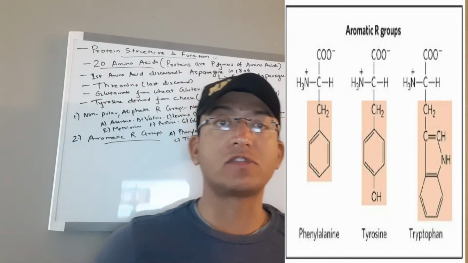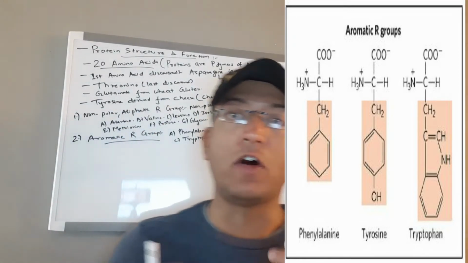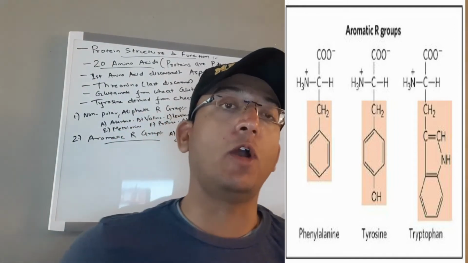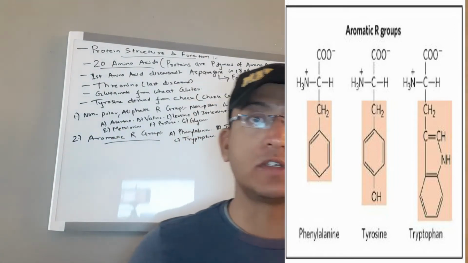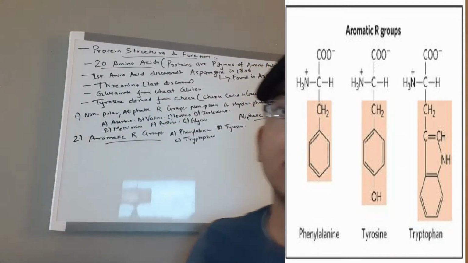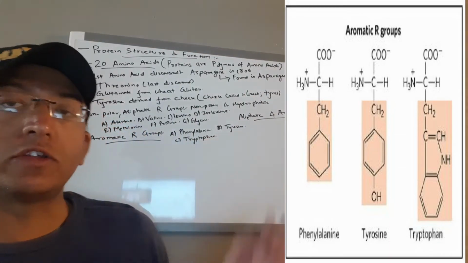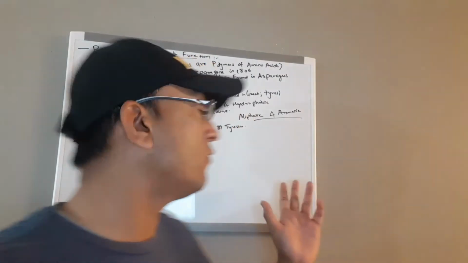The hydroxyl group of tyrosine can form hydrogen bonds, and it is an important functional group in some of the enzymes, as you will see later. For aromatic R groups as well, these amino acids are relatively non-polar and hydrophobic.